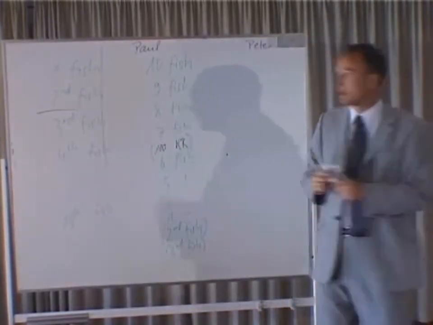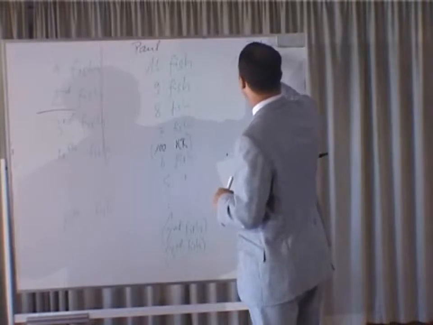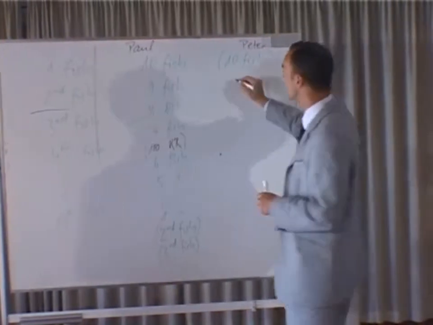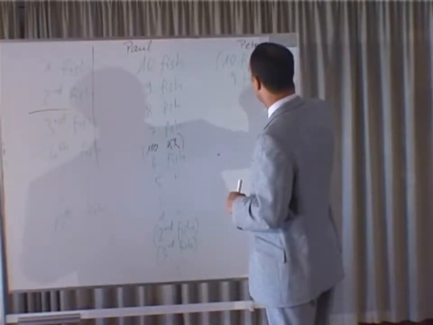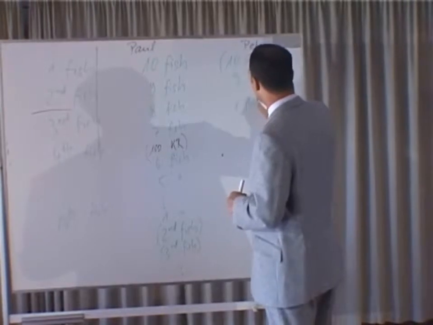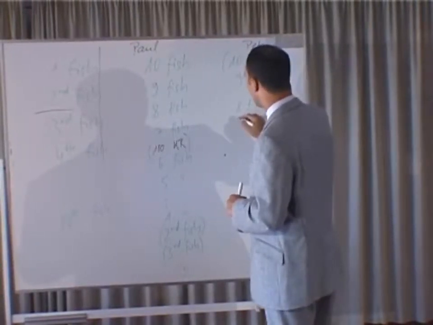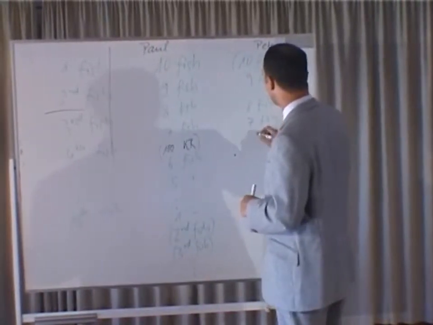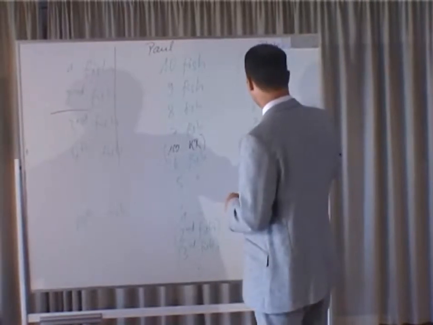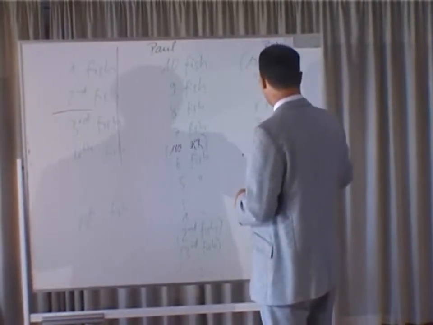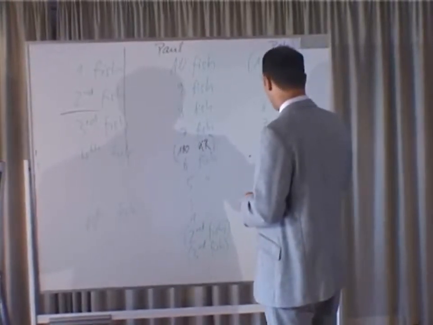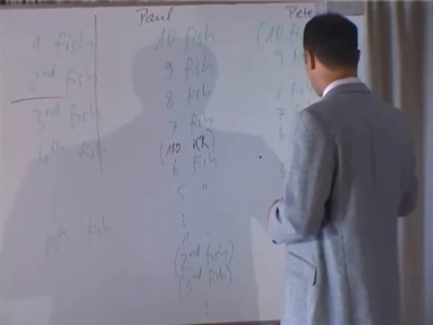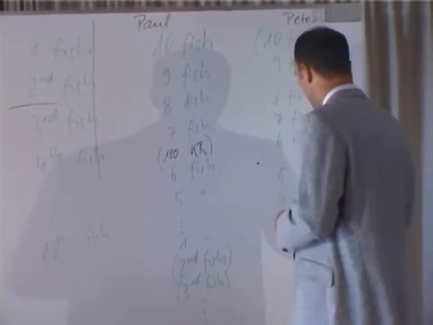Peter has a value scale that is as follows: 10 fish, which he does not have, is more important than 9 fish, is more important than 8 fish, 7 fish, 6 fish, 5 fish, 4, and so on.